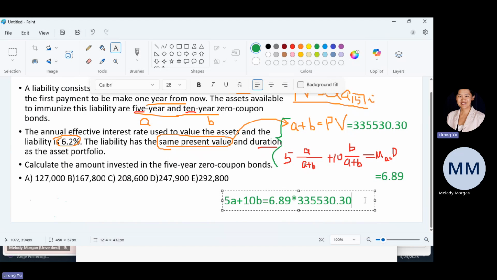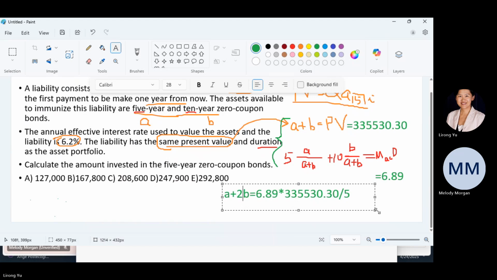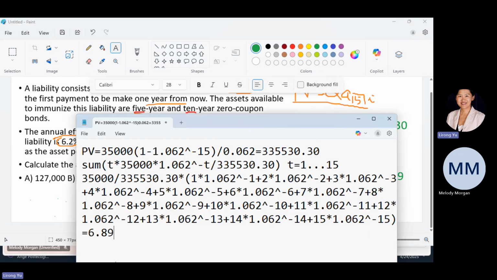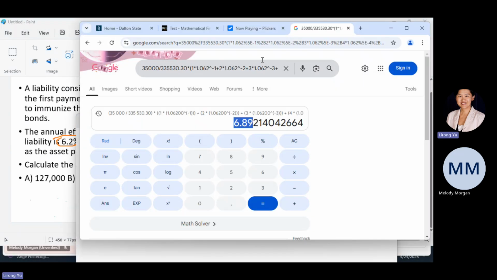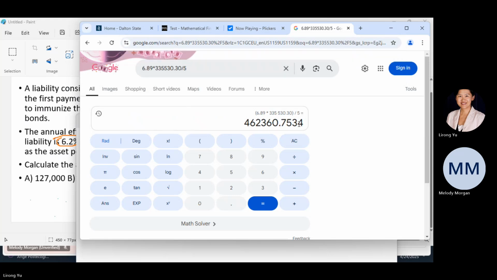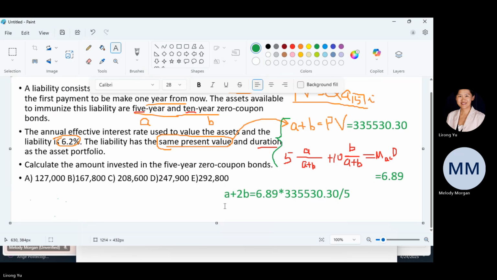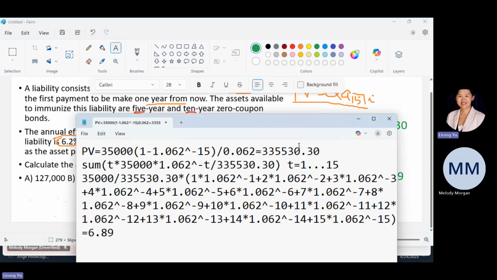Okay, and if we divide both sides by 5, we'll get rid of this 5, and then we'll make this one equal to 2. This calculation is going to shorten the relation between A and B. So that will be A plus 2B. I guess I can move this calculation to a place for typing.